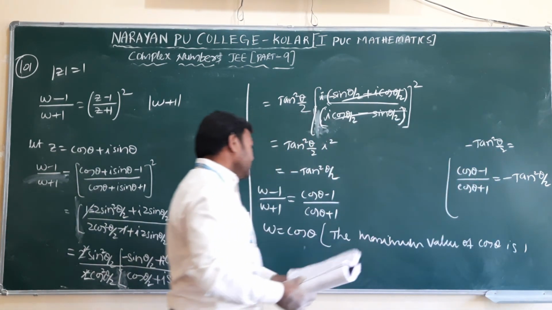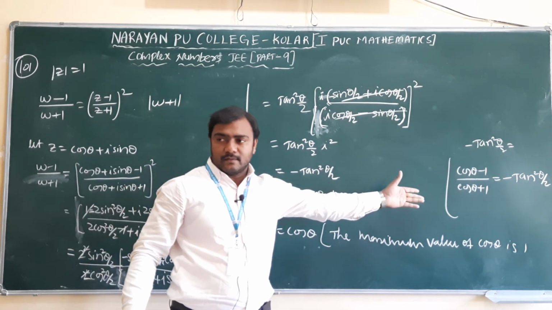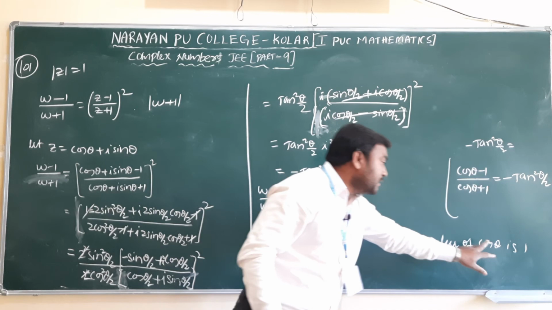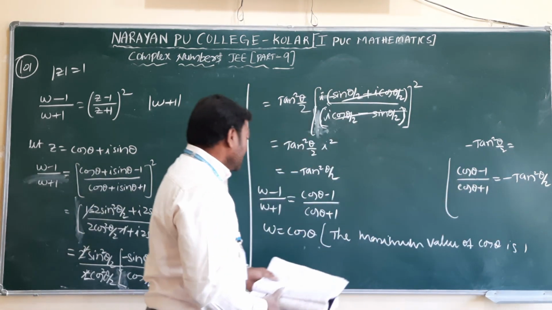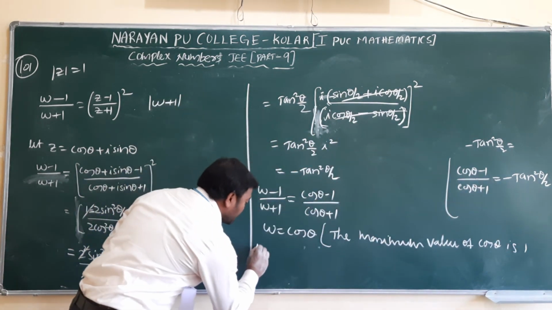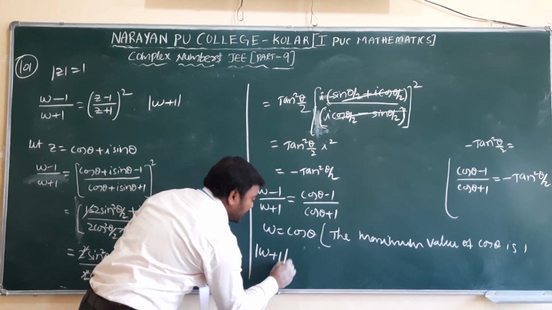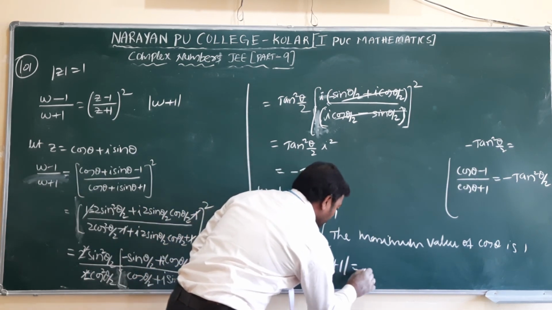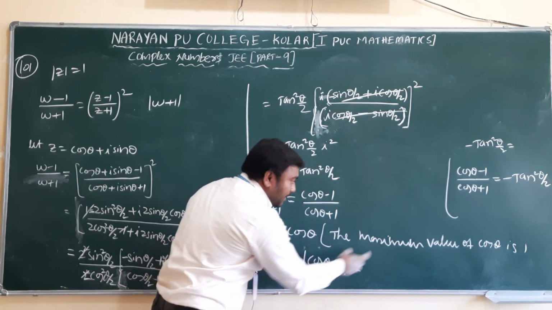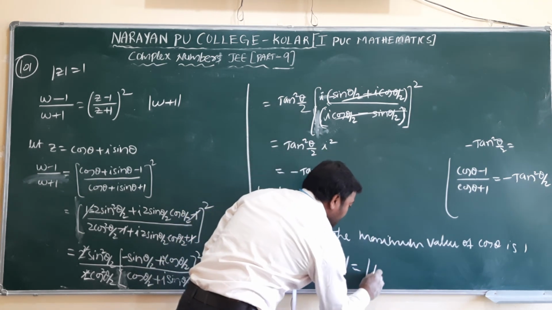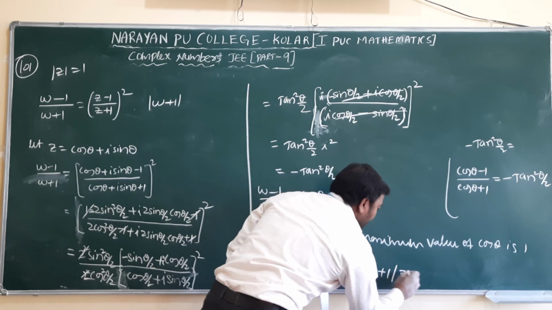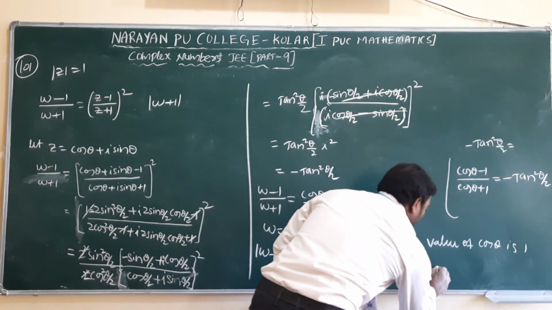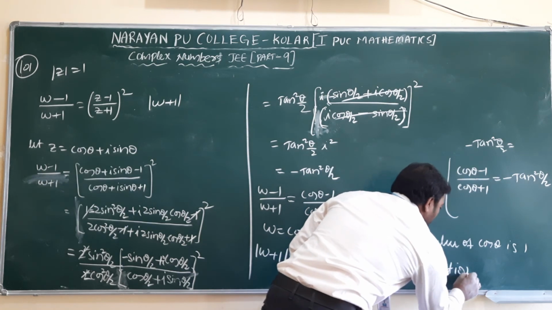Then modulus of omega plus 1 is equal to modulus of cos theta plus 1, with the maximum value of cos theta being 1. So 1 plus 1 is equal to 2. So option B is the correct option.